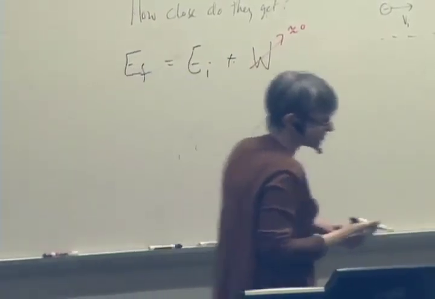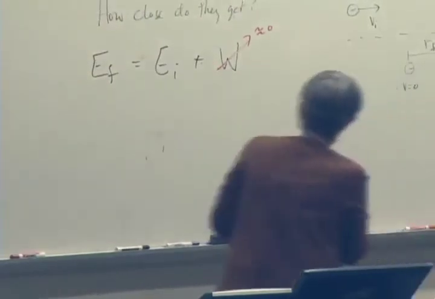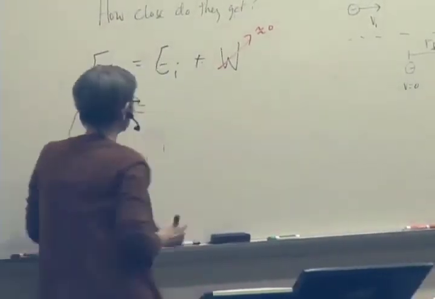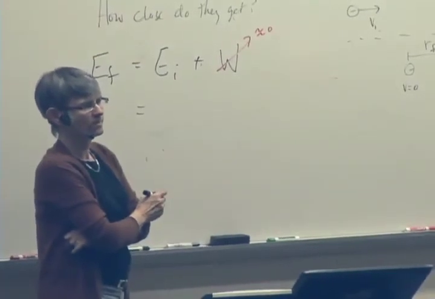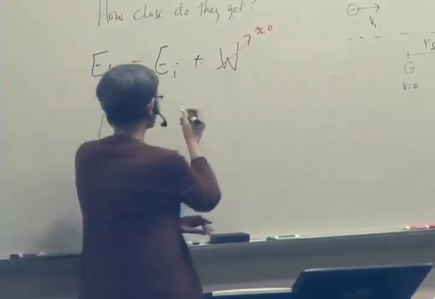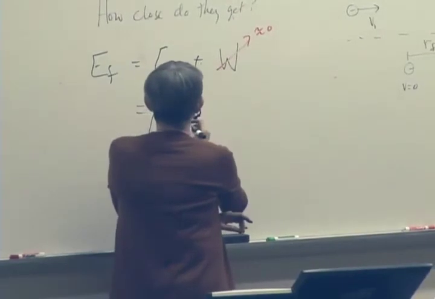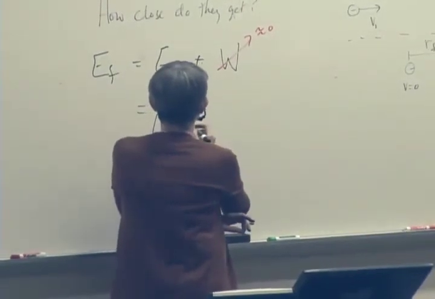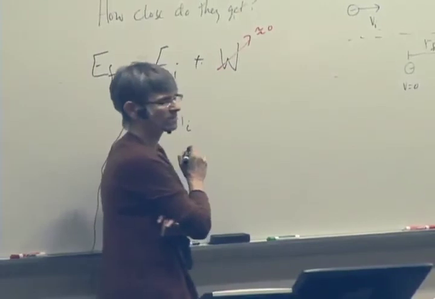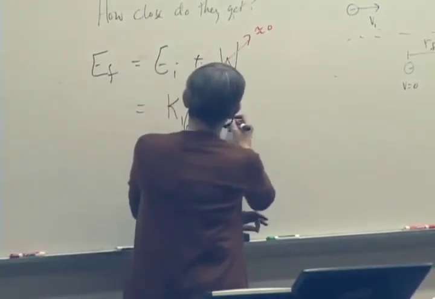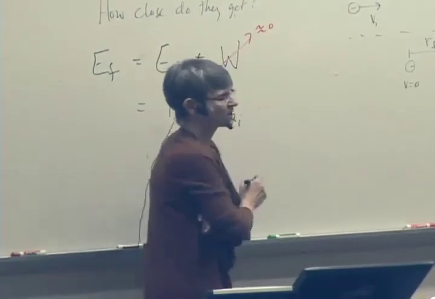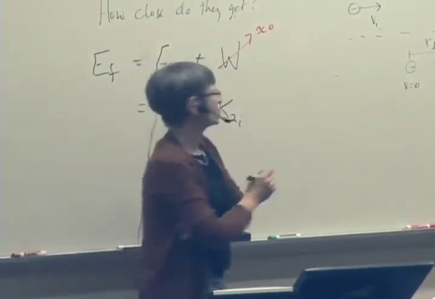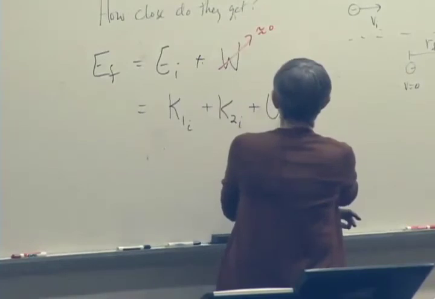So what do we need in here? What terms do we need? So initial energies: initial kinetic energy of electron 1, initial kinetic energy of electron 2. And they're interacting, aren't they? So we need the electric potential energy.